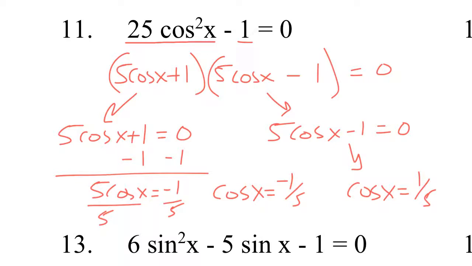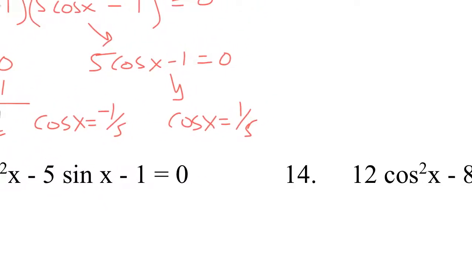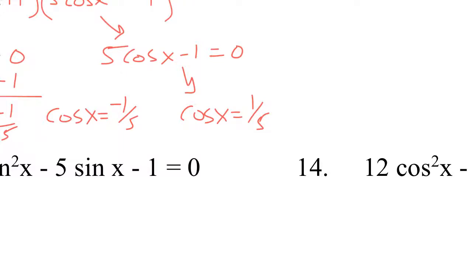Now we want a reference angle, and so the reference angle I'm going to get is going to be based off of the inverse cosine of a positive 1/5. Do not put a negative inside here, ever really, if you want a reference angle, because if you put the negative in there, it's going to actually give you one of the answers, and that can get very, very confusing. We would like to always get the reference angle.